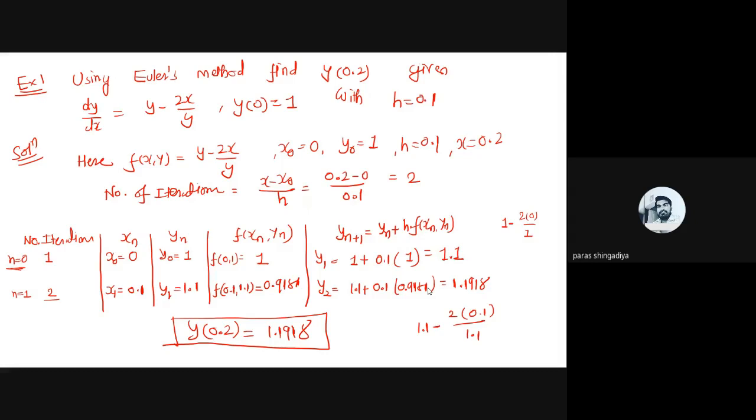And now let us check another one. Data is x root y. Example number 2.